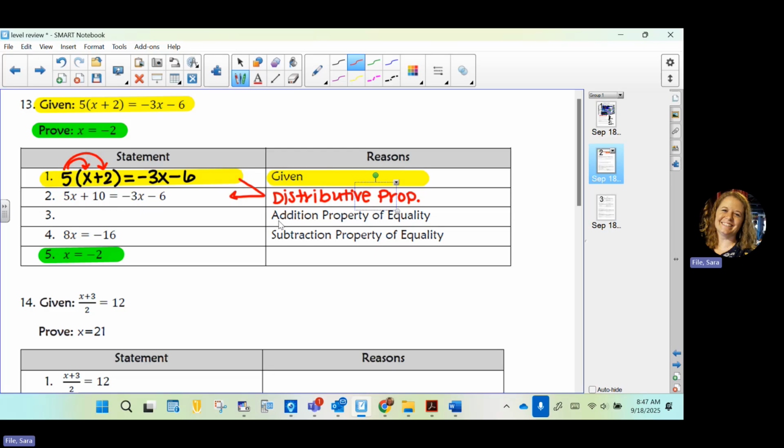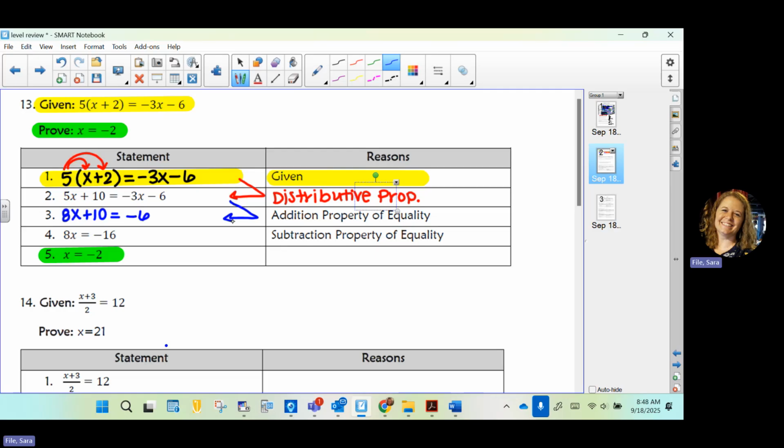So the addition property is going to be adding 3x to both sides. If you need to show that work, you can, or you can just say, if I add 3x, I'm going to get 8x. And then I'll still have the plus 10. And then over here, if I add 3x, the x's will eliminate, and I'll just be left with -6. So we got from this line to here with addition.